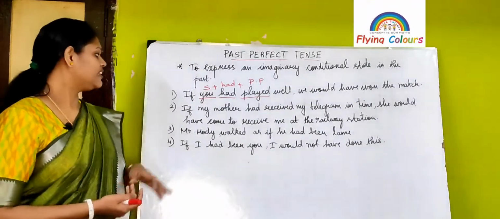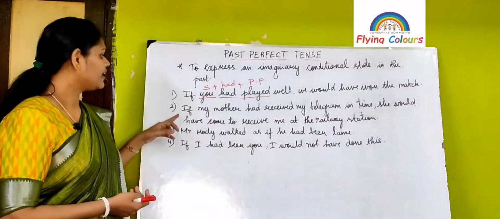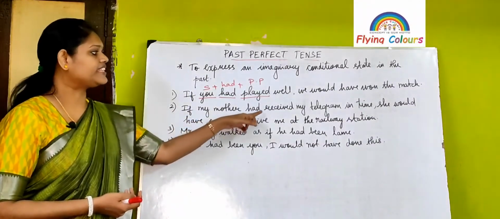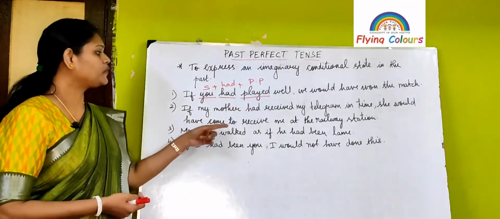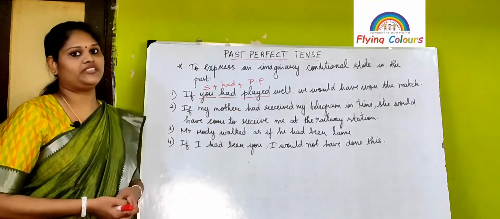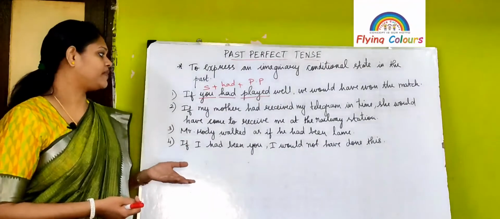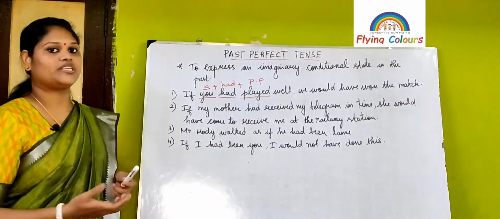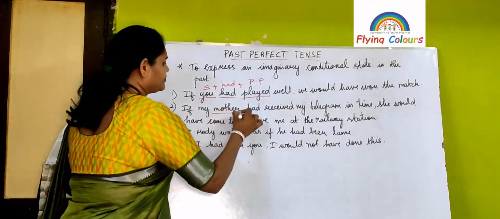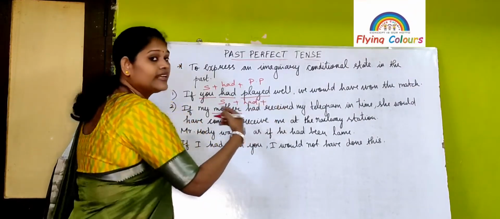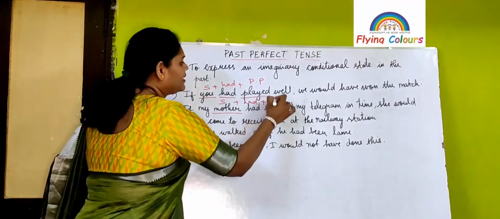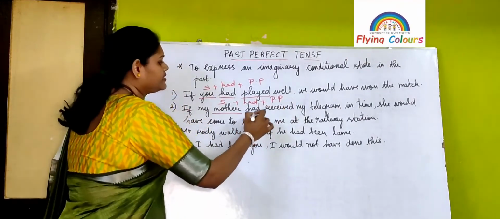in the past. One more example, if my mother had received my telegram in time, she would have come to receive me at the railway station. So, this is another example. Here, what is the subject? Mother. So, subject plus had plus received, the past participle, right?